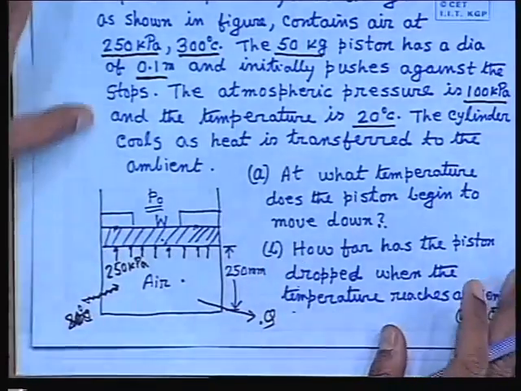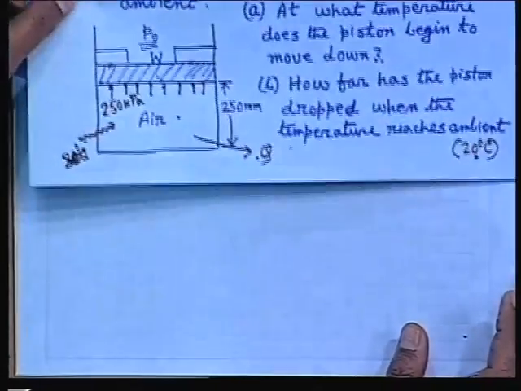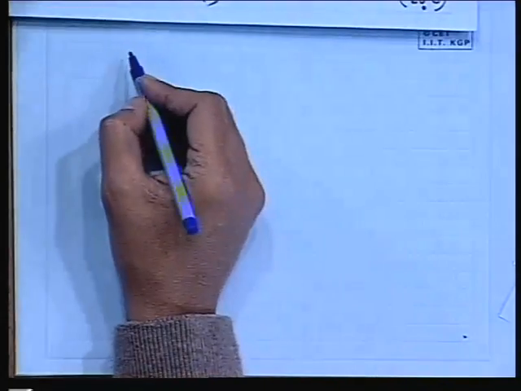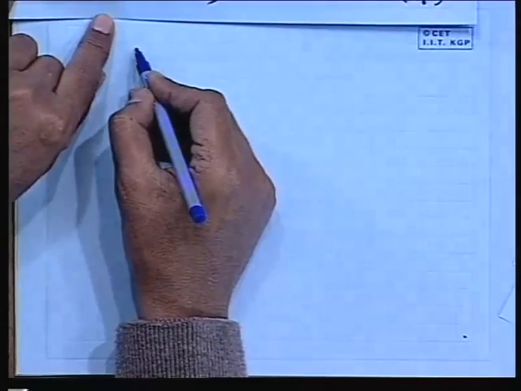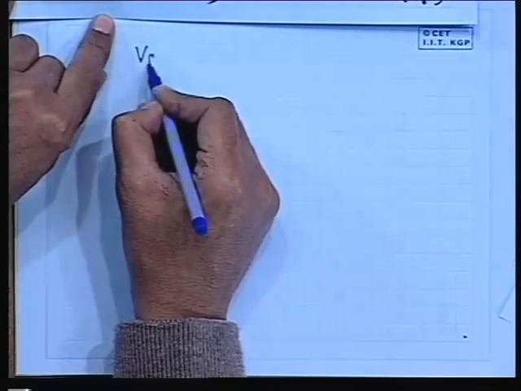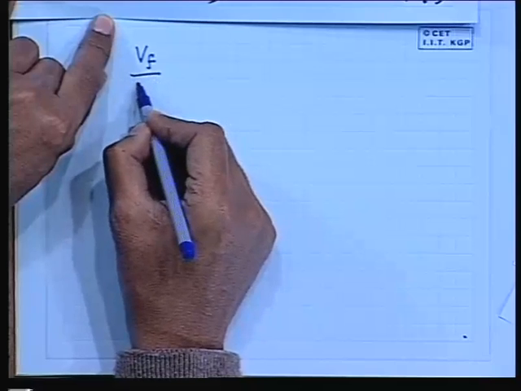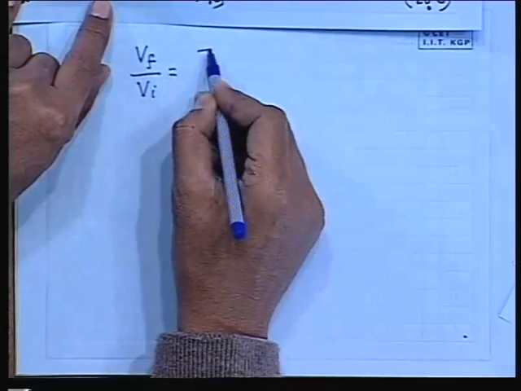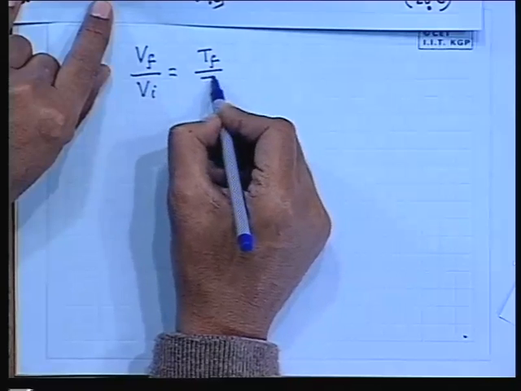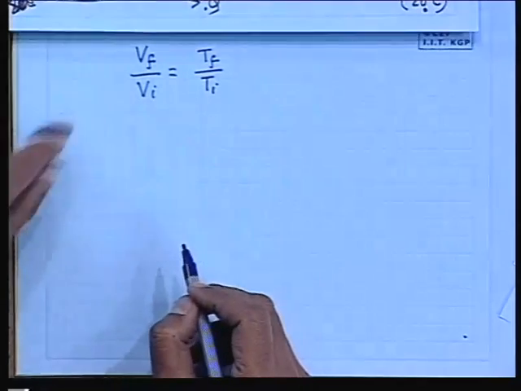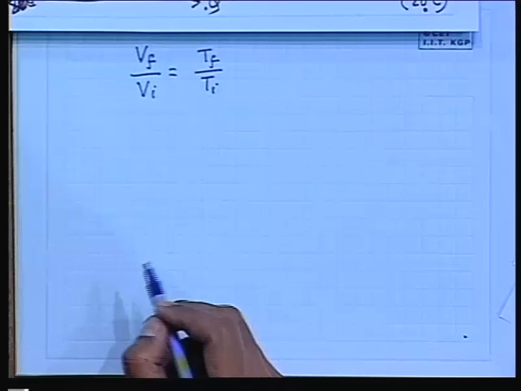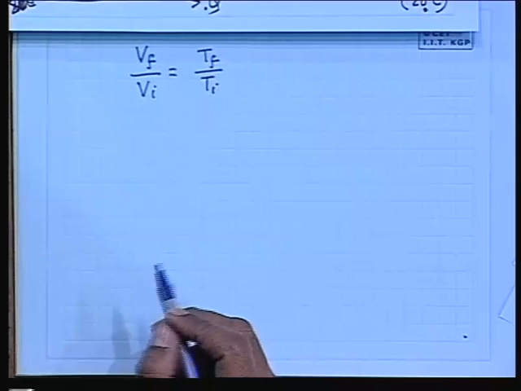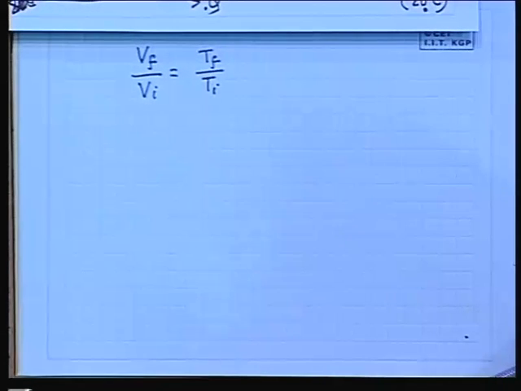But we don't have to use the PdV formula, only thing is that we have to use V by T. So we have to find out the volume. So let this volume be Vf, Vf by the initial volume, Vi for example, is Tf by Ti. You can find out V, and what you will get?